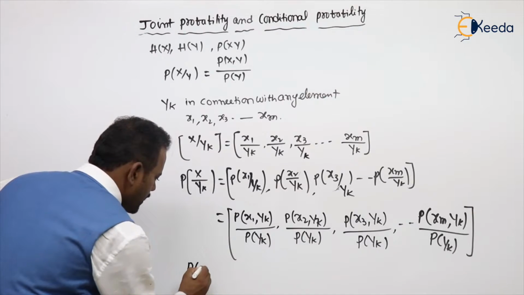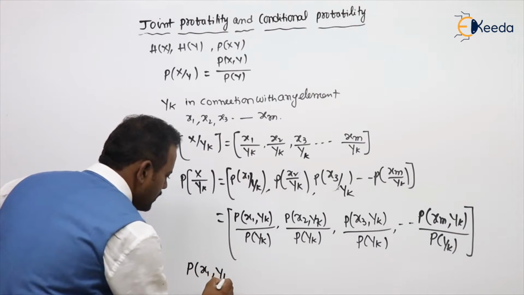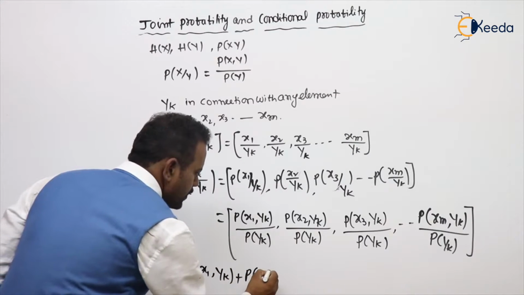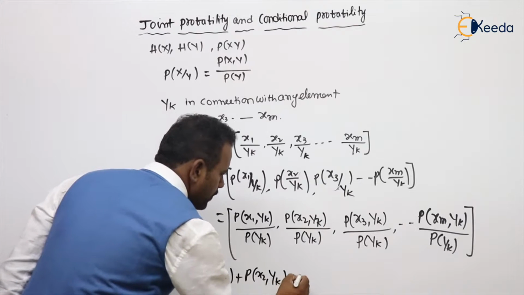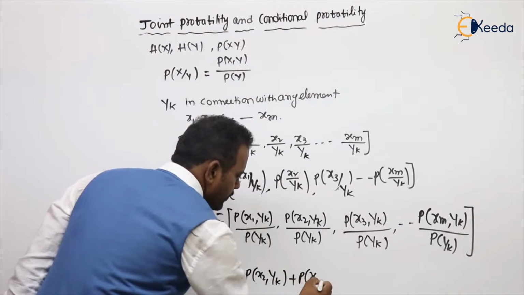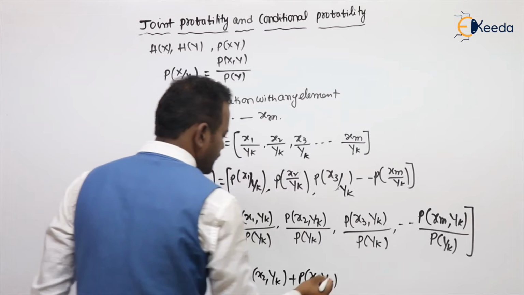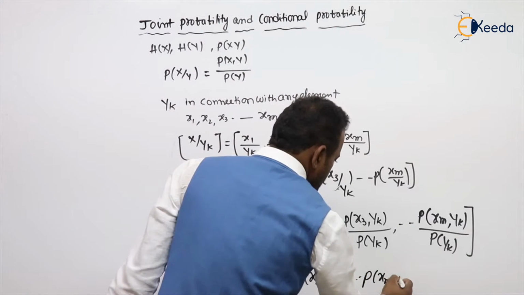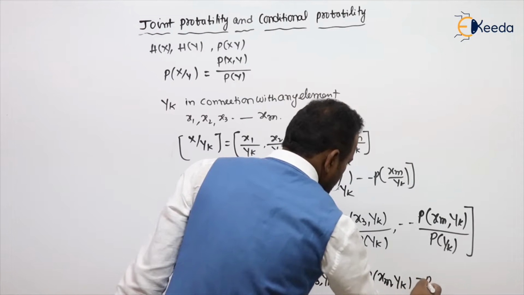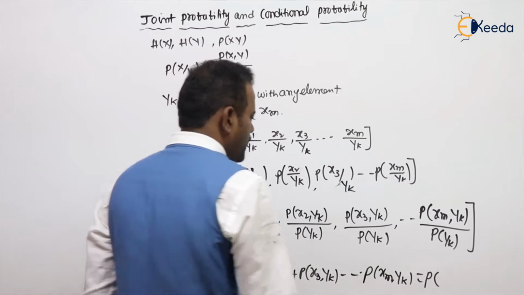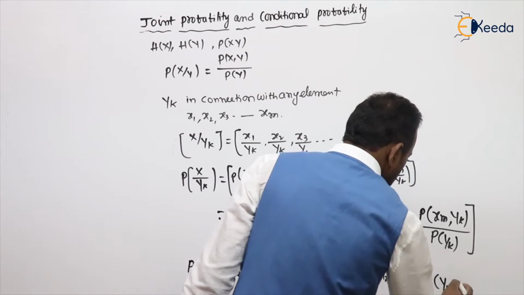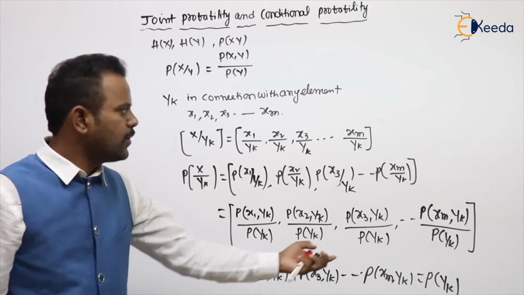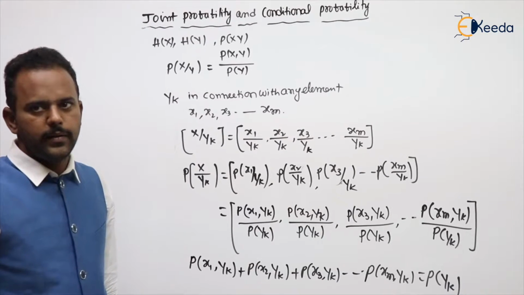You will get the probability of x1 yk plus probability of x2 yk plus probability of x3 yk and so on, probability of xm yk, whose value is nothing but probability of yk, because the whole total probability is 1. So this is equal to that one. Clear?